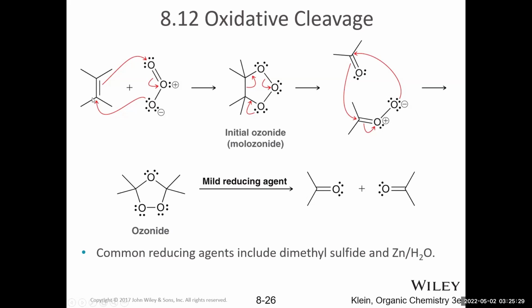That would leave a positive charge on the other side, which, next to a negatively charged oxygen, should cause a reaction that forms a ring. So we form what's called the initial or first ozonide intermediate.